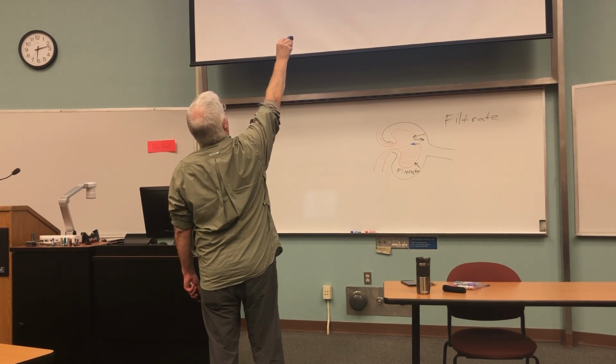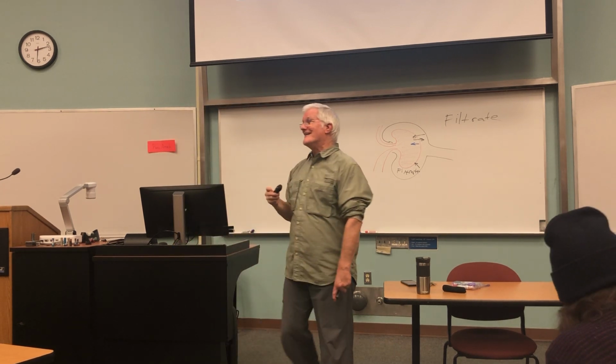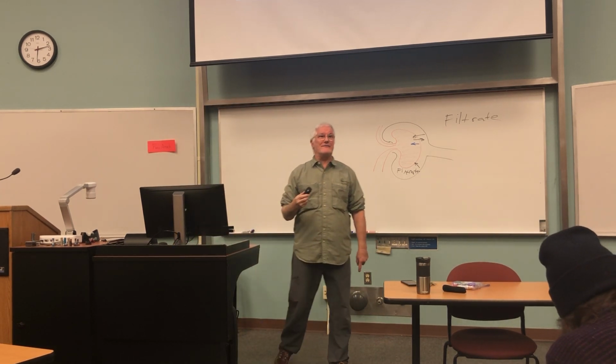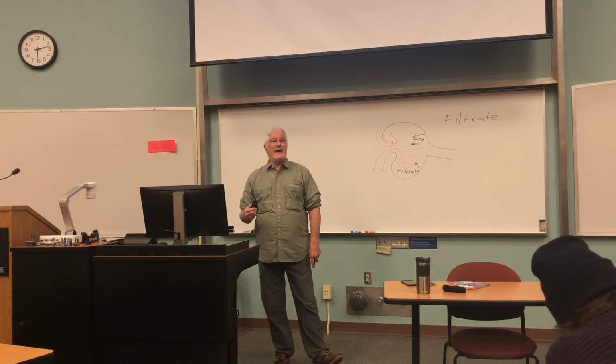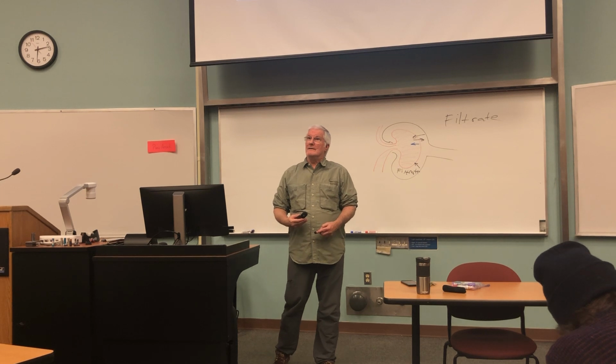All right. 60 minus 50 is 10. Very good. We have 10 units of net difference, and that's the actual filtration pressure. It's 10 millimeters of mercury.